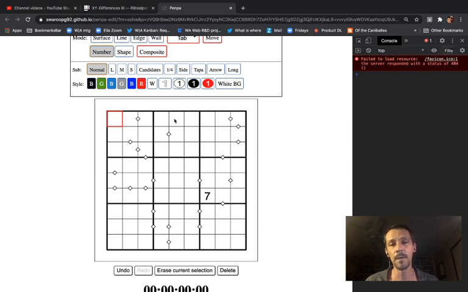I think that should be pretty clear, because you can't have a difference of 9 between two numbers that are between 1 and 9. So in the first row, the 9 could be here, here, here, or here. Those are all places where there are no difference symbols between two vertically adjacent cells.